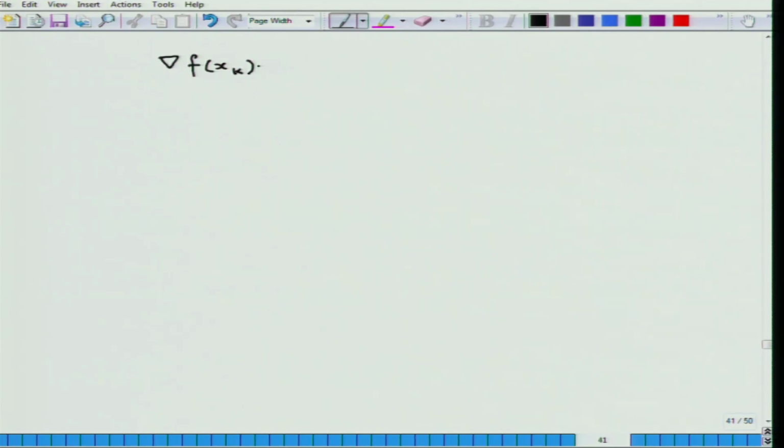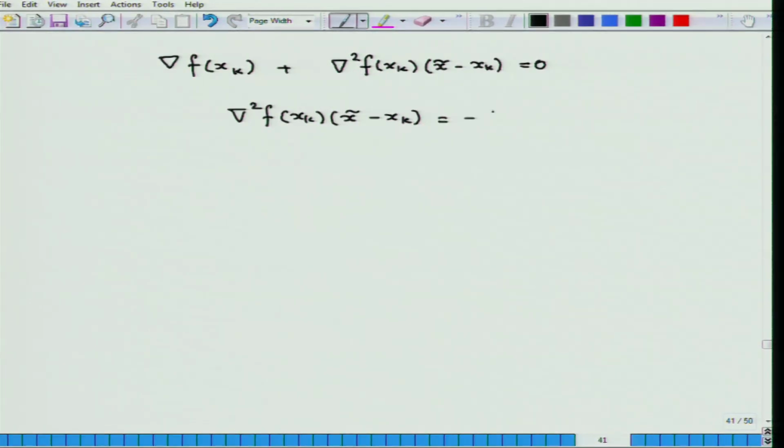This would give me the gradient of f at xk plus grad square f of xk times x tilde minus xk equals 0, that is, grad square f of xk times x tilde minus xk is minus of grad f xk. That would lead to the following because of the invertibility.